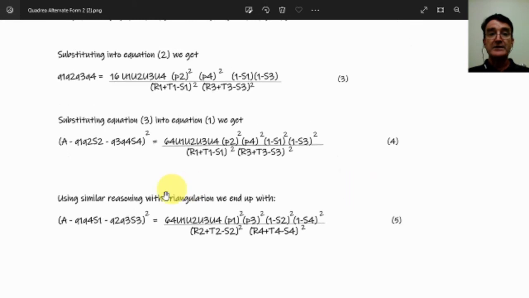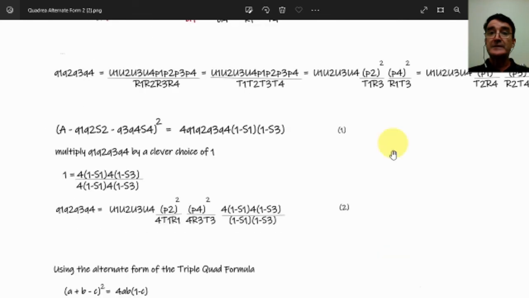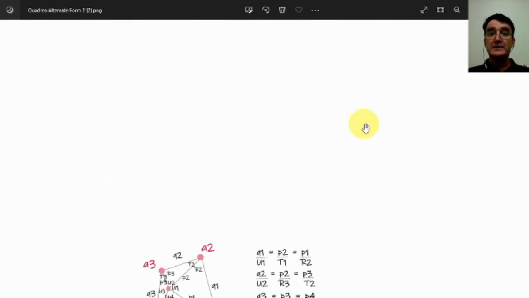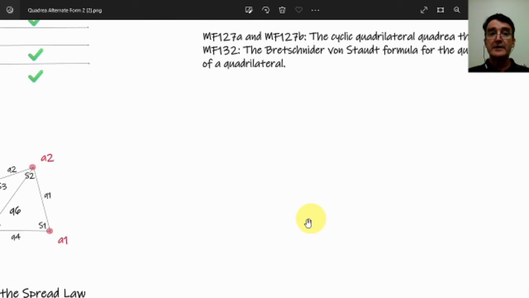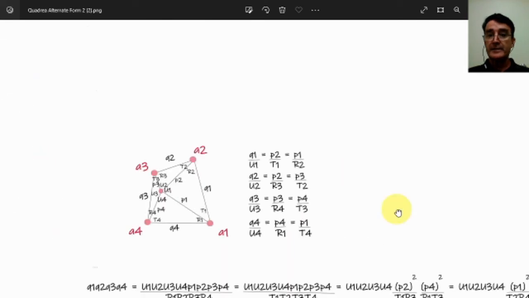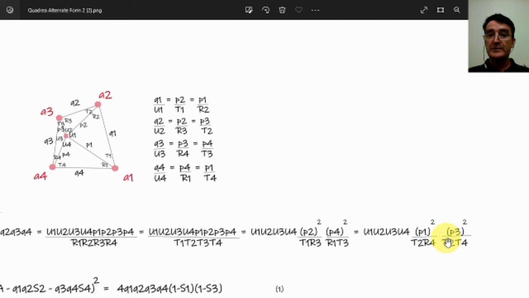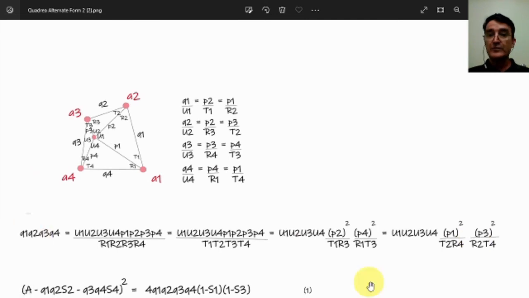And using similar reasoning with the other triangulation of the projective quadrangle, for this Q1, Q2, Q3, Q4, we're going to be using this last term here with a P1 and P3 squared in the numerator.